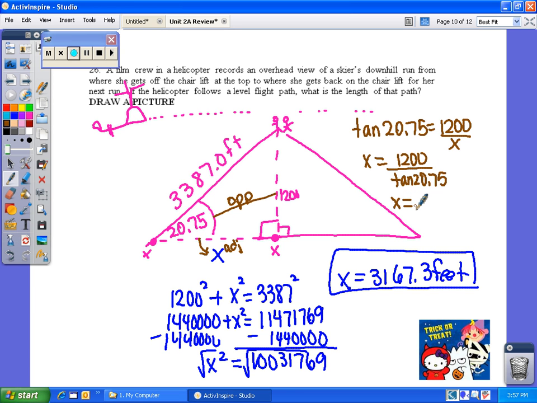So x equals 3,167.3 feet. So we wind up getting the exact same answer doing SOHCAHTOA as we did with the Pythagorean theorem. So for this particular question, you have two choices.